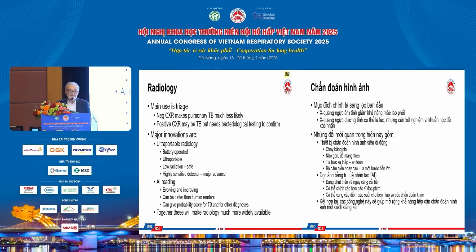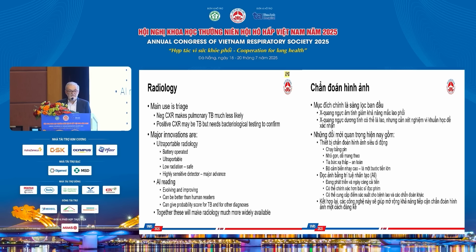The other part is the AI reading, or machine learning reading, of images. This has advanced very rapidly and is continuing to advance rapidly, and now AI reading of X-ray images is more accurate for the diagnosis of TB and of some other lung conditions than a specialist human radiologist.